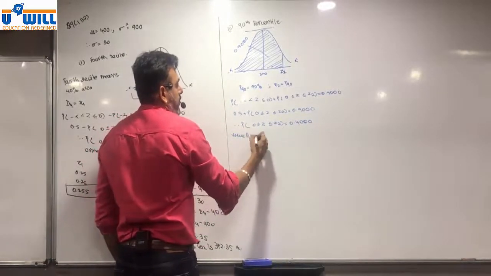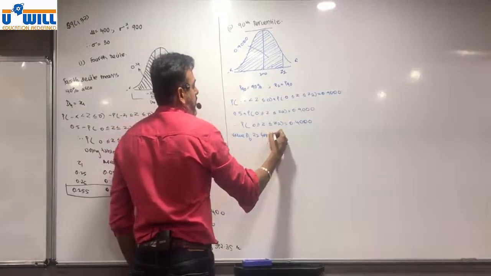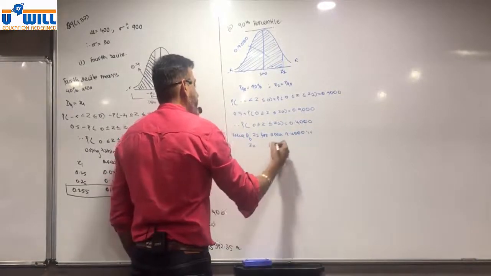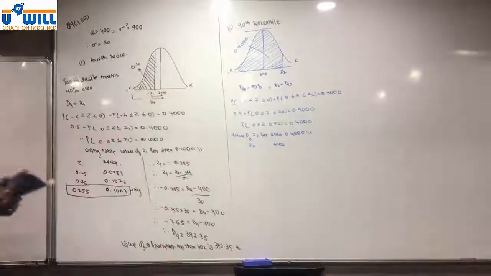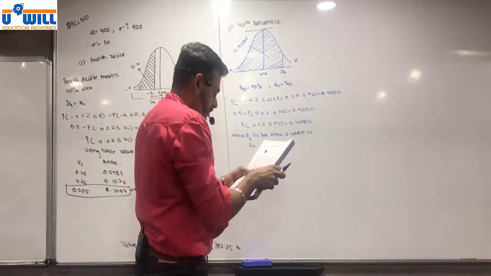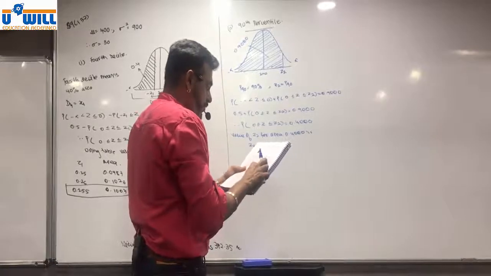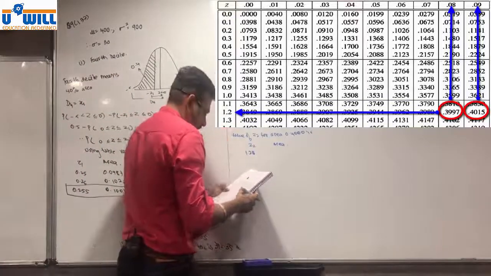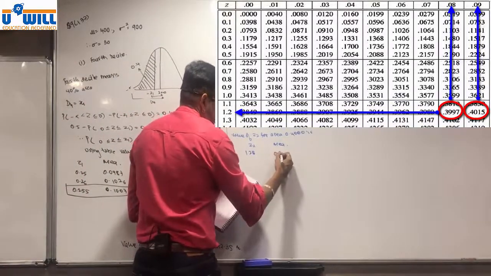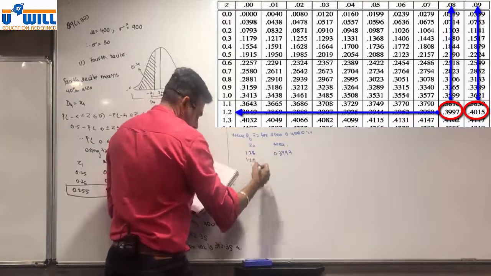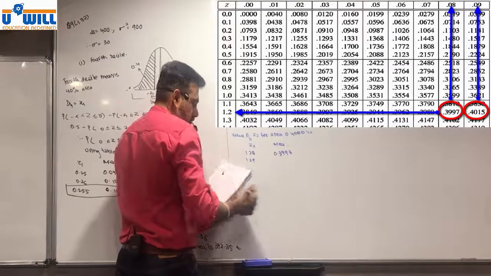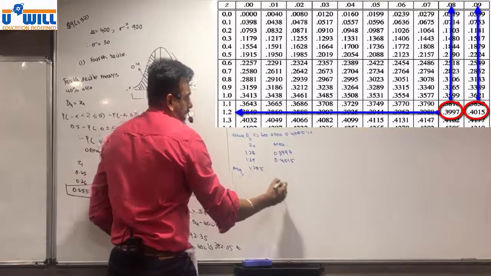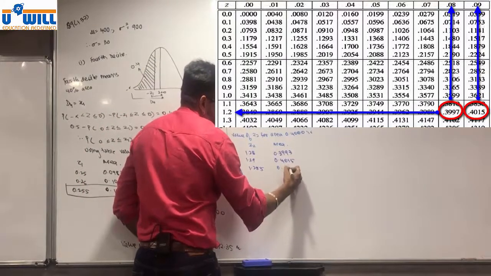Value of Z2 for area 0.4000. Looking at Z2 and the area 0.4, 1.28 gives 0.3997 and 1.29 gives 0.4015. The average is 1.285 with 0.4006.